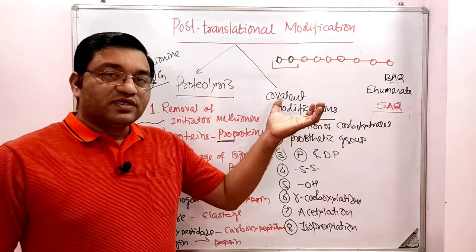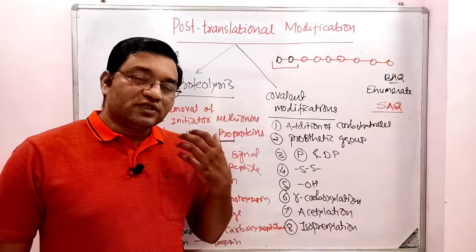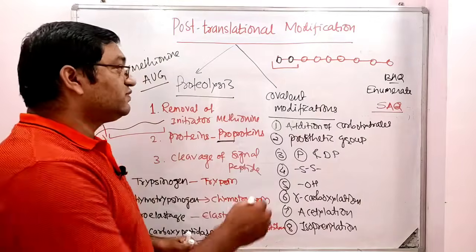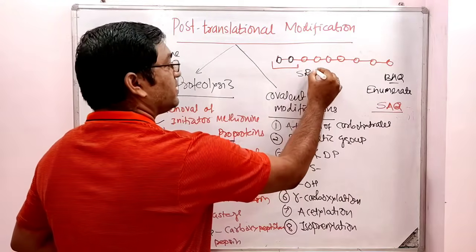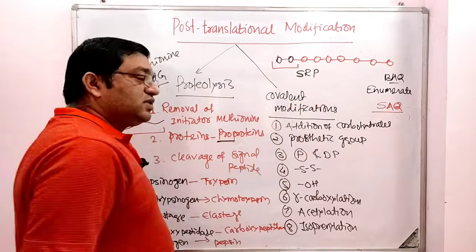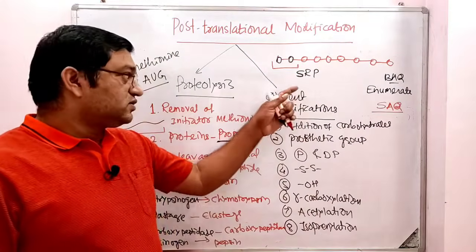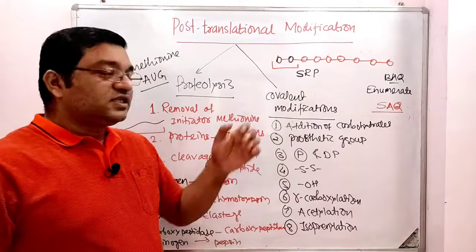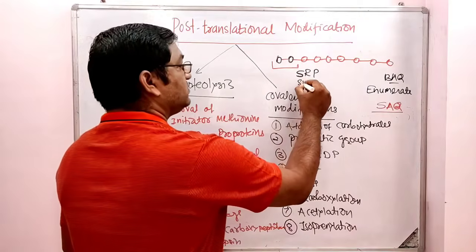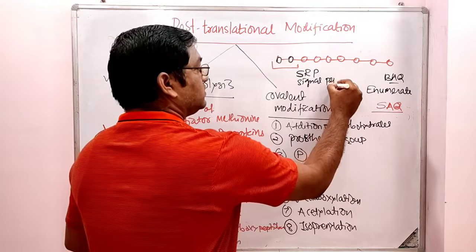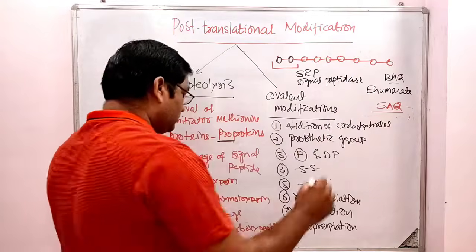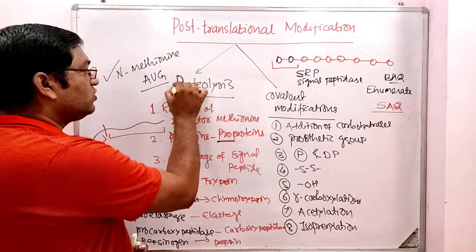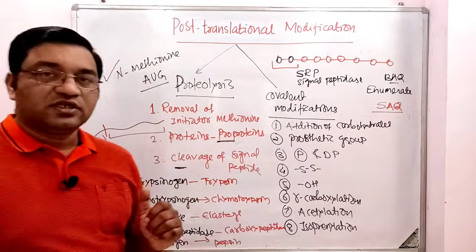So they must have some signal sequence for transport into particular organelles. This signal sequence is recognized by the signal recognition particles, and when it reaches its site of action, the signal sequence is removed by the signal peptidase. So these are the three important examples in proteolysis in the post-translational modifications.